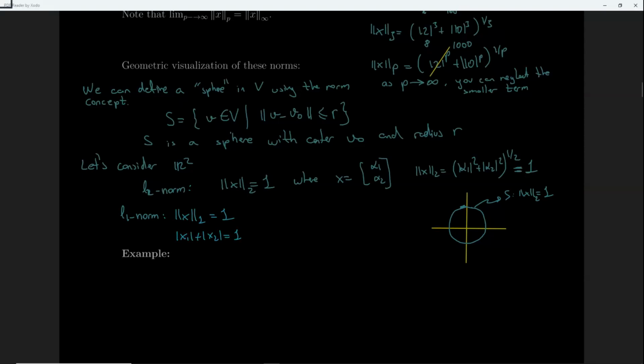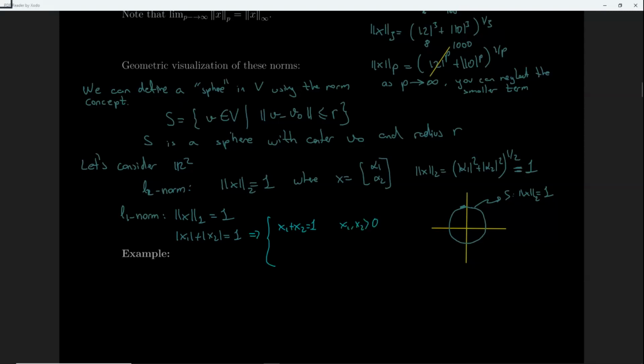And so we can plot this function of x1 and x2 being equal to 1 in different quadrants, right? So what I'm saying is that this implies that x1 plus x2 is equal to 1 when x1 and x2 are greater than 0.